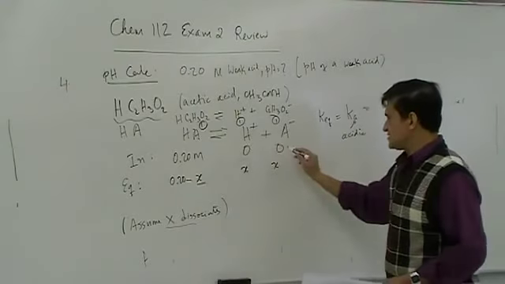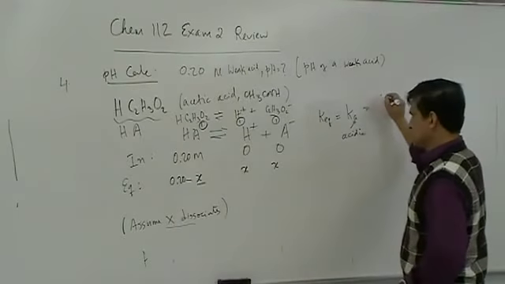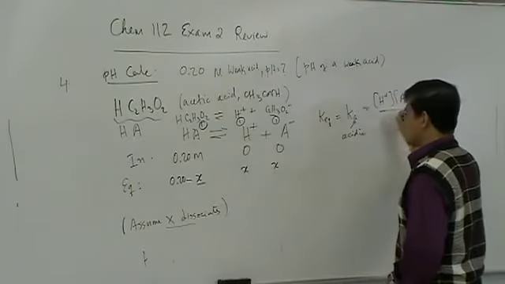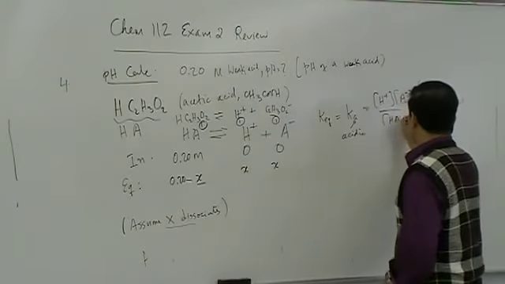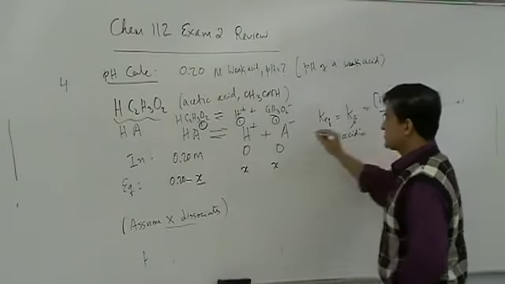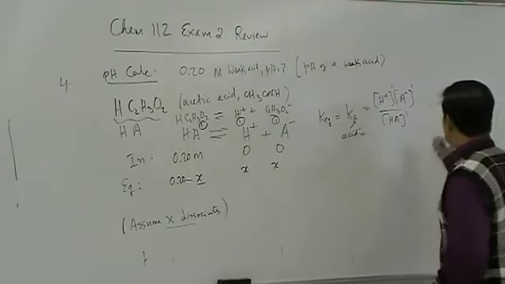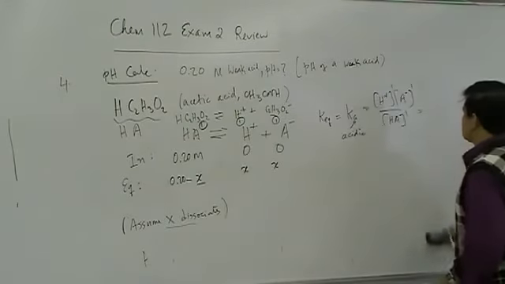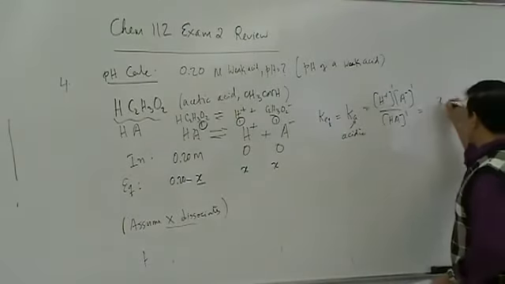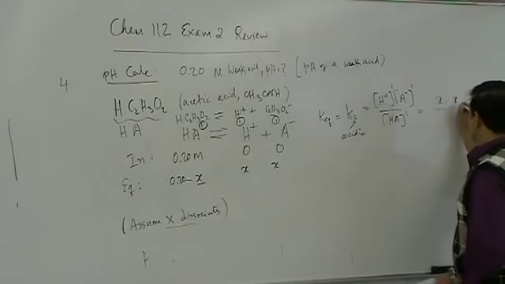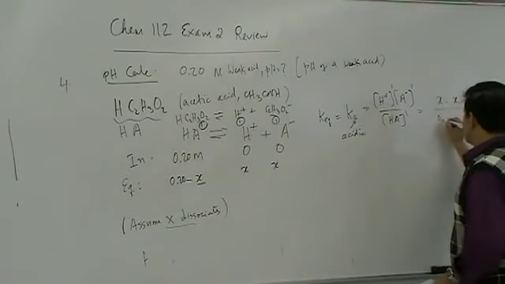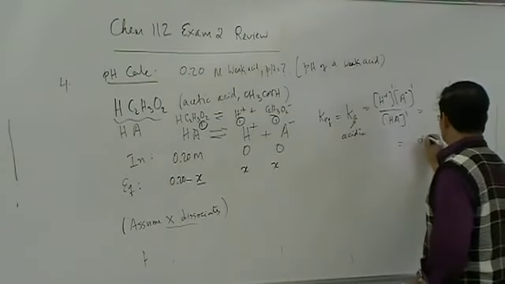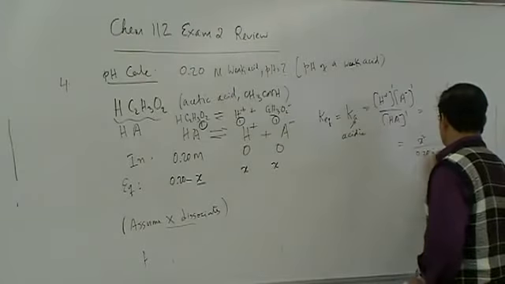So let's write down the original expression, H plus times A minus divided by HA. These are all raised to the power 1 because these coefficients are all 1. And I can now write down X times X. H plus is X times X divided by 0.20 minus X. So what you're going to have is X squared divided by 0.20 minus X.